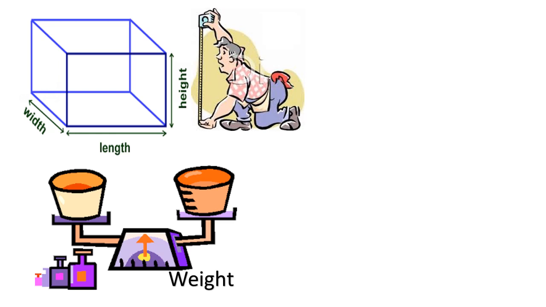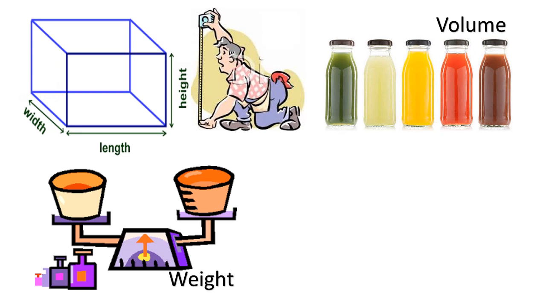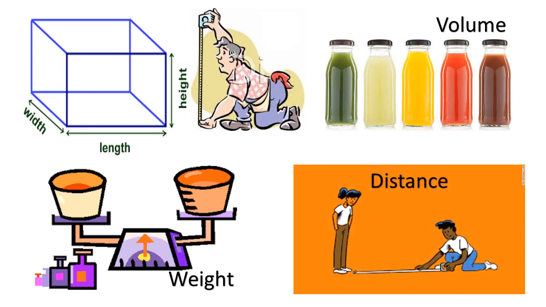We compare liquid things by measuring how much space they occupy. We call it volume. And we also measure the distance between two things or places.